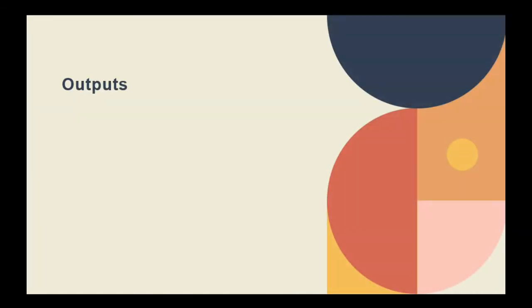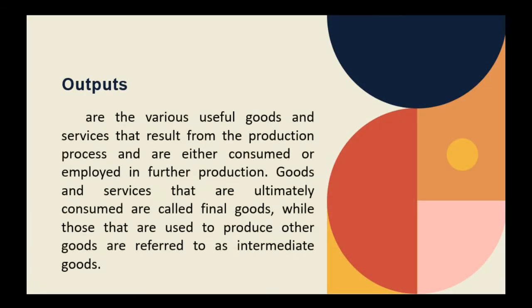Now, outputs are the various useful goods and services that result from the production process and are either consumed or employed in further production. So goods and services that are ultimately consumed are called final goods, while those that are used to produce other goods are referred to as intermediate goods.